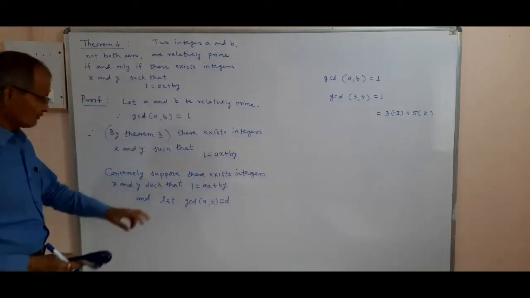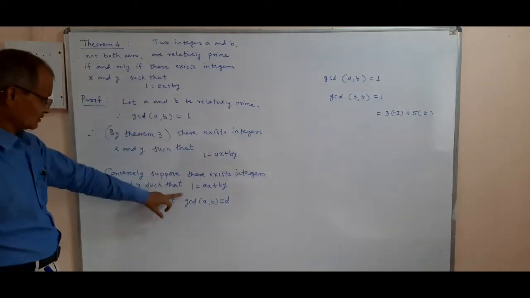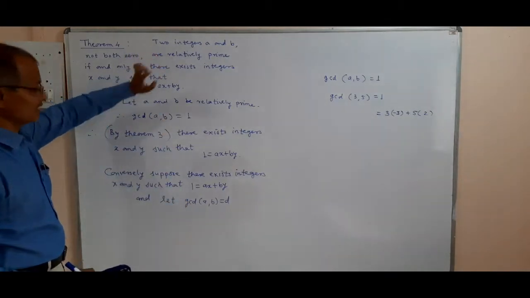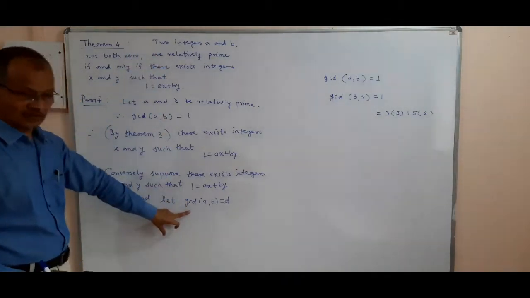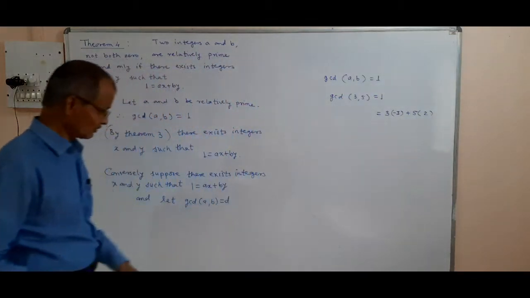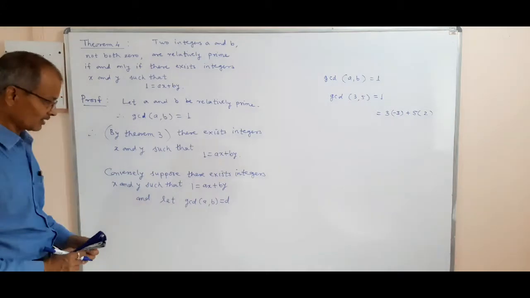Now, we have supposed 1 is equal to ax plus by, and we have to prove the two integers are relatively prime, that is, their GCD is 1. So we have to prove d is equal to 1, then a and b will be relatively prime.